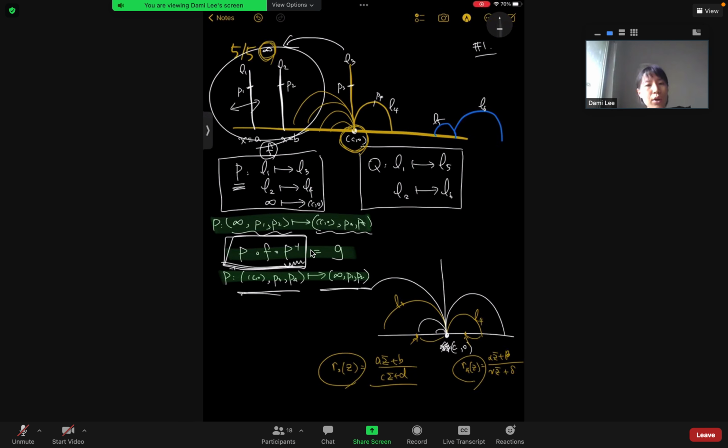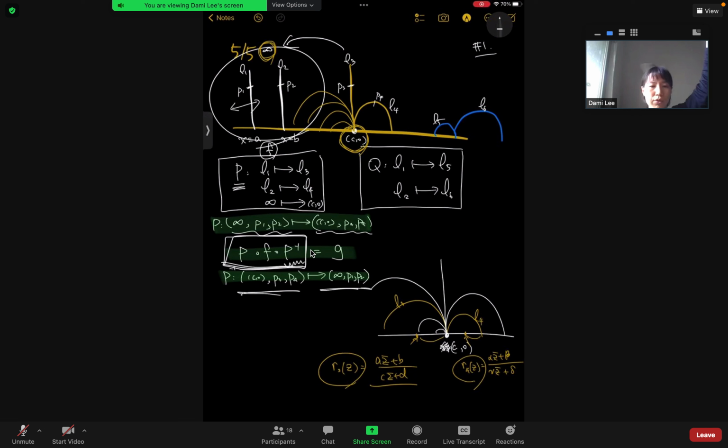So you sent everything over here, you applied your parabolic isometry, and then you sent it back. All these things are moving around, but the map F fixed infinity.